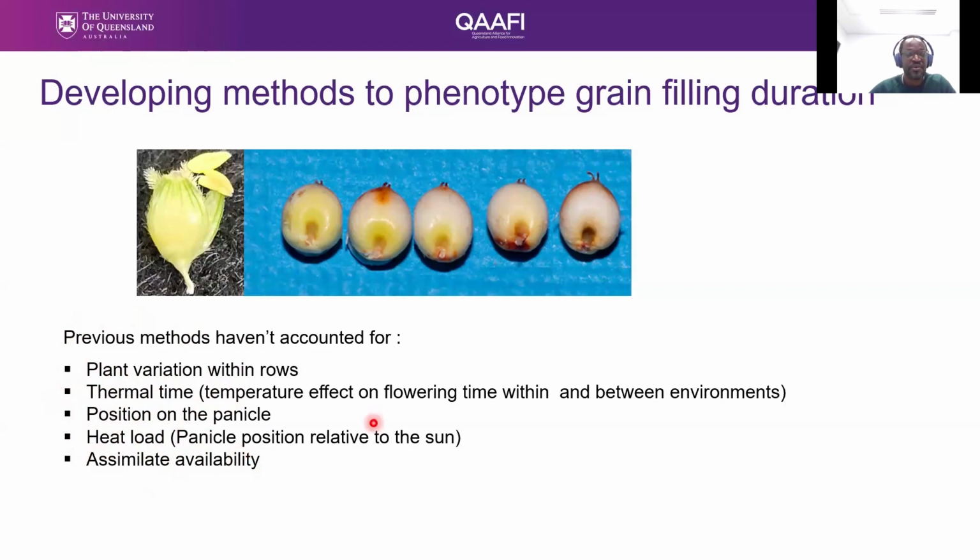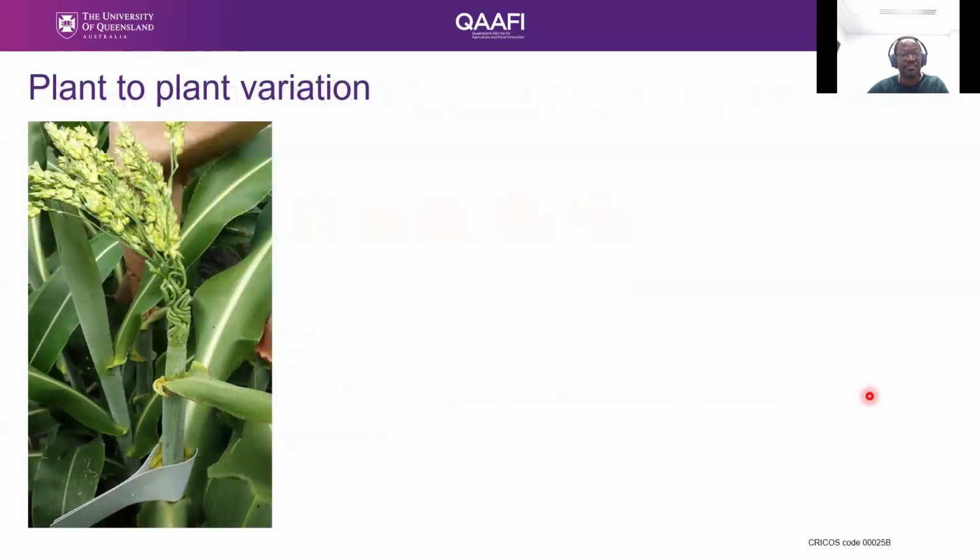And also we looked at assimilate availability, that is supply of the assimilates or the strength of the source relative to the sink. So to account for plant variation, we just selected individual plants within our experiment where we measured both the flowering and the grain filling duration while accounting for the effects of temperature.